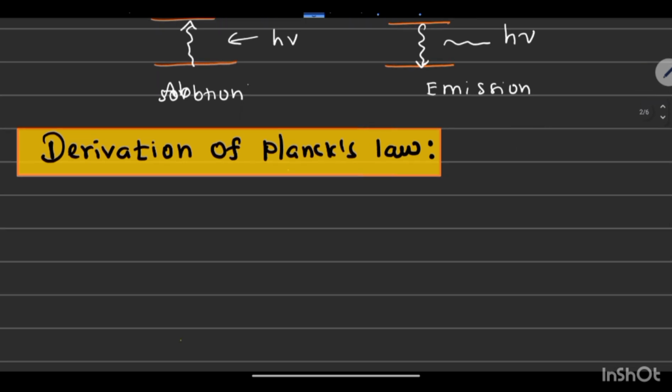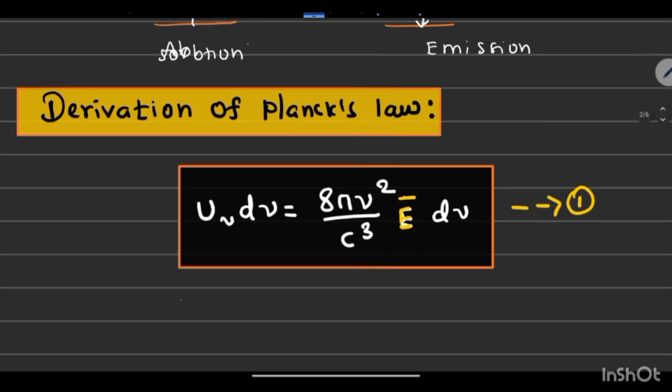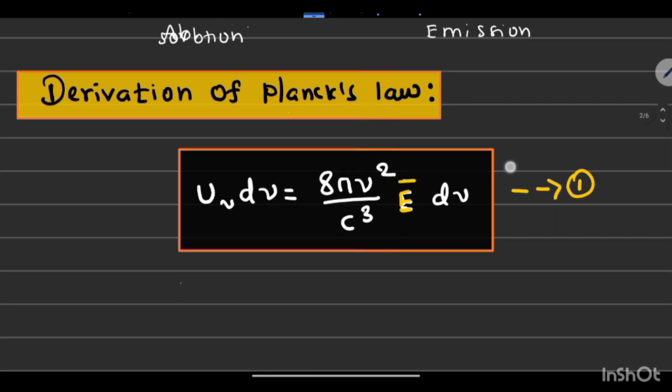So Planck's derivation and Wien's and Rayleigh's derivations all differ in finding the average energy expression. So let's first find the way Planck found this average energy.